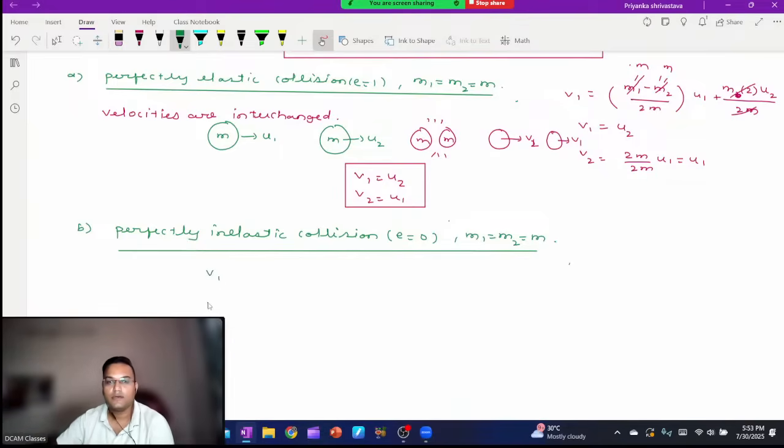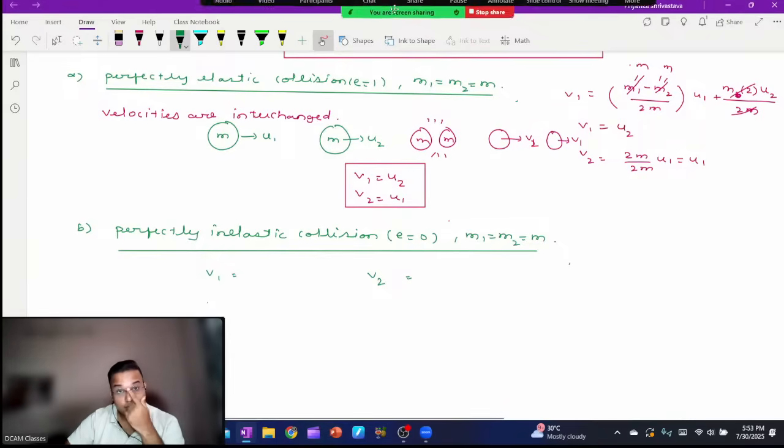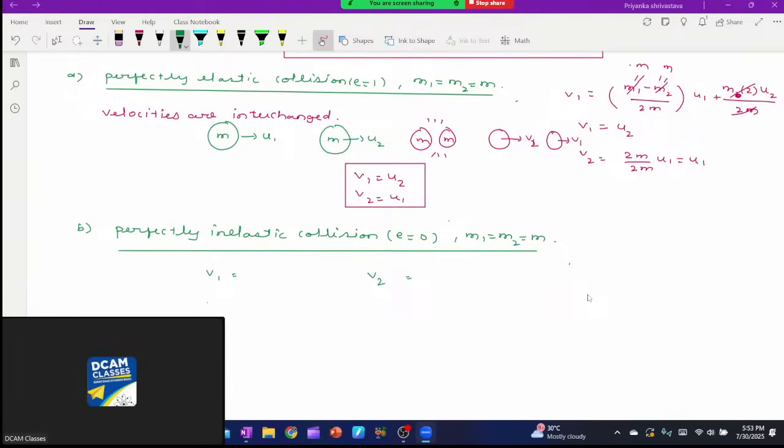Give me the value of v1 and v2. The masses are same, right?